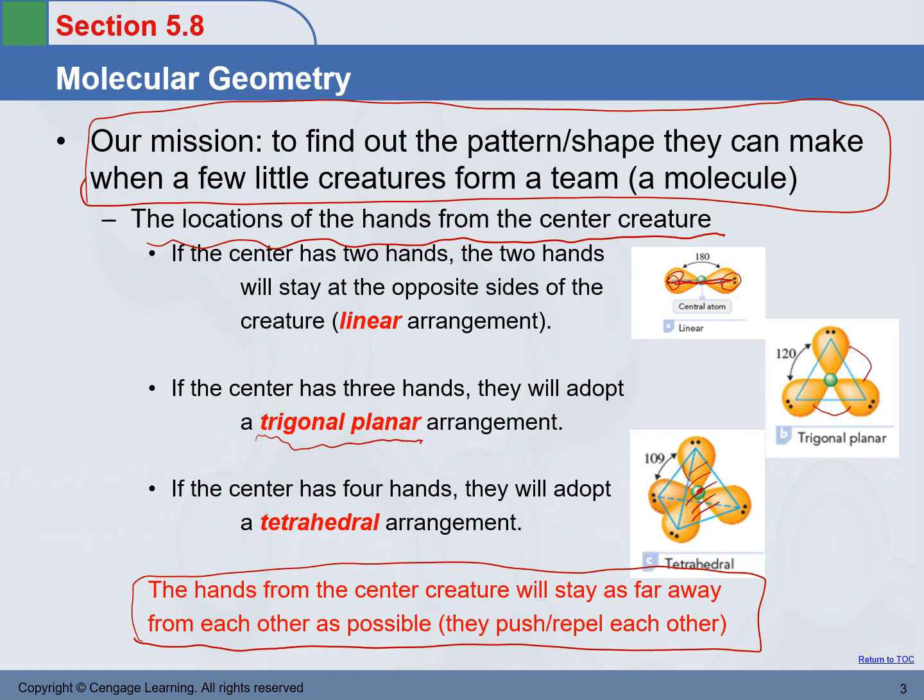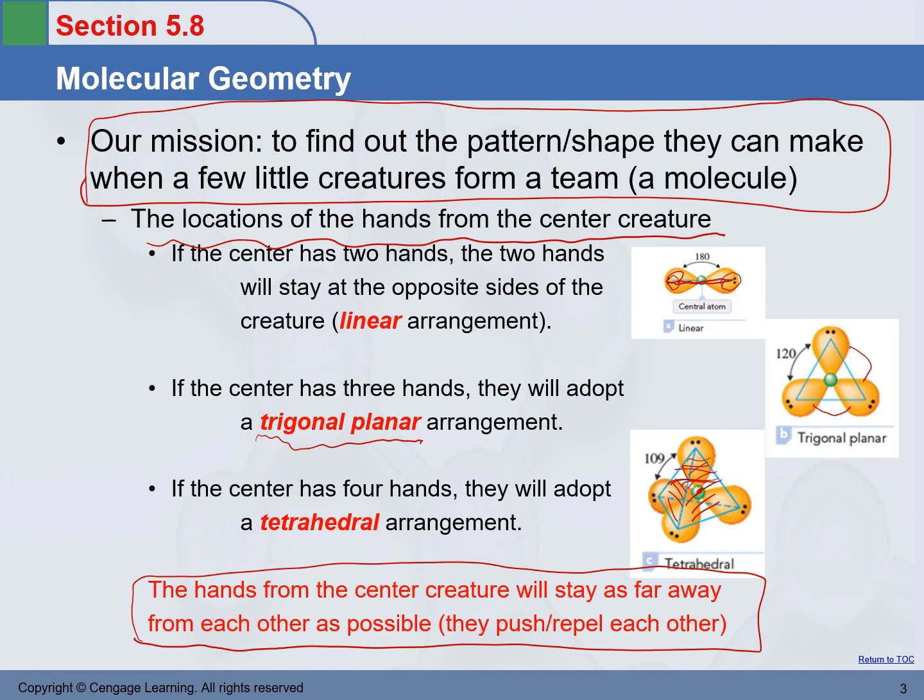One surface here, one surface here, another surface towards the back, and another surface at the bottom. So this shape is called tetrahedral arrangement. Okay, we actually have three possible arrangements of the hands from the center little creature. Depending on how many hands it has, it may take different arrangements.